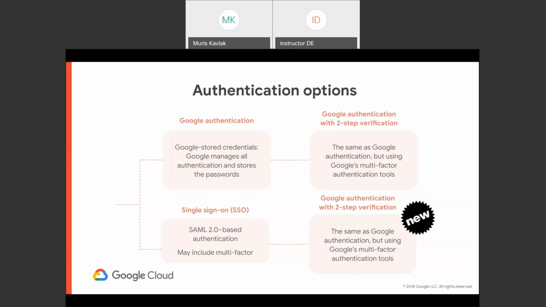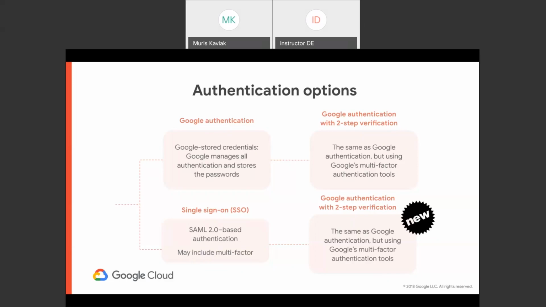Be it an SMS, be it a Google Authenticator app, or a Google push, I think it is called, where you would get a push notification that says, are you trying to log in right now? Just click on this button if you are, and no if you're not.